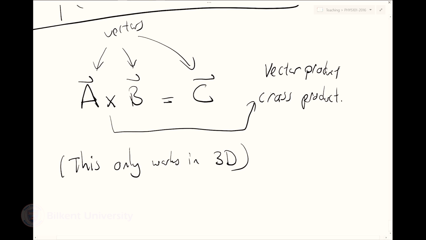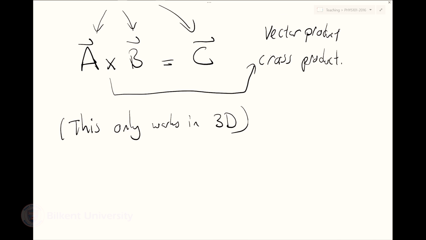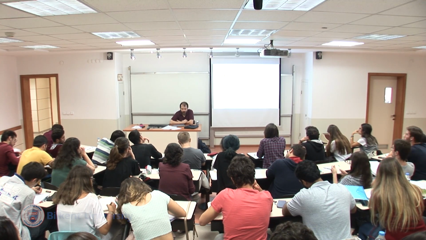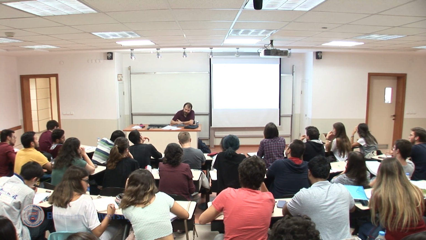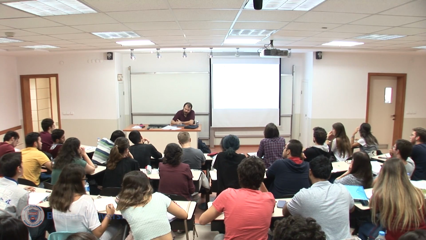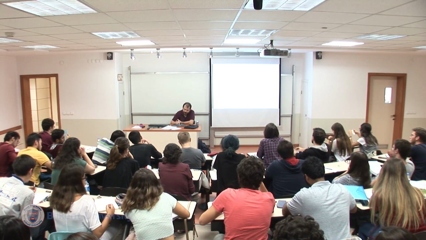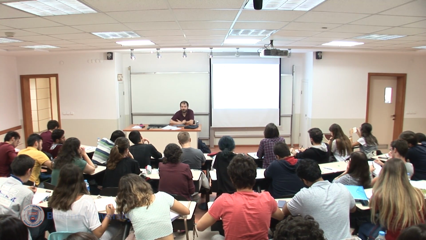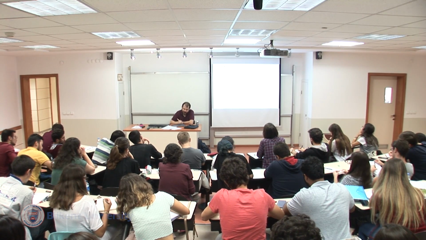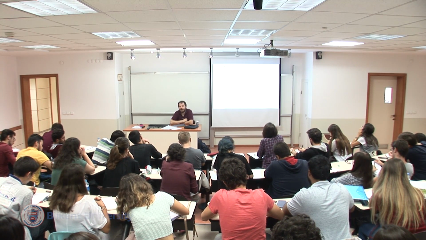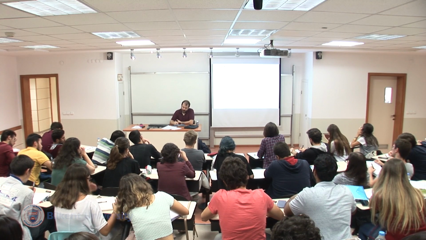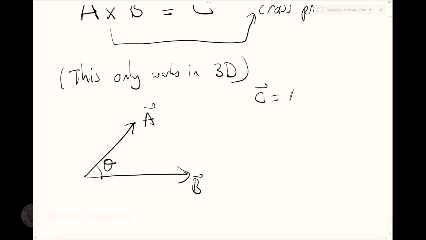There is something called an outer product. But the way I'll define it works only in 3D. So if I have 2 vectors, A and B, with an angle theta between them, if C is A cross B, it obeys the following rules.